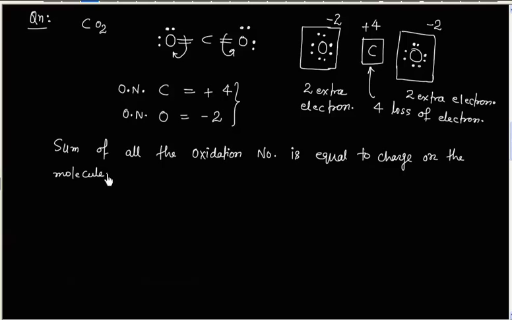In this case, there is no charge on the CO2 molecule, so the sum of the oxidation numbers should be equal to 0. And that we have, that is minus 2 plus 4 minus 2, which equals 0. So this is for oxygen, this is for carbon, and this is for oxygen.